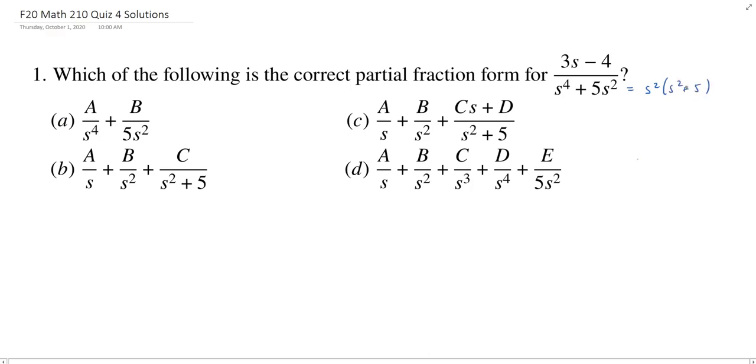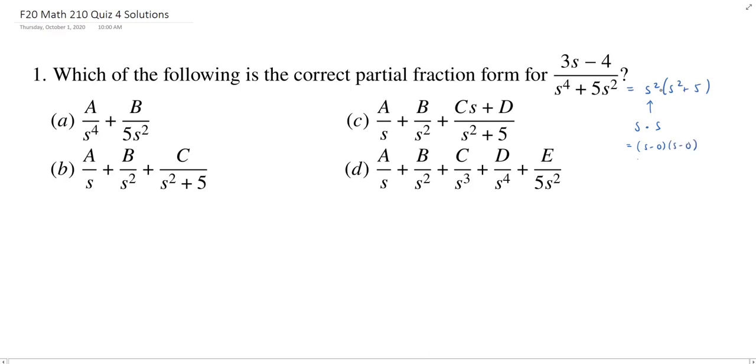Now these pieces, I feel pretty good about them. First, this s squared is a quadratic, but we don't want to think of it as a quadratic. We want to think about this as s times s, or even as s minus 0 times s minus 0.